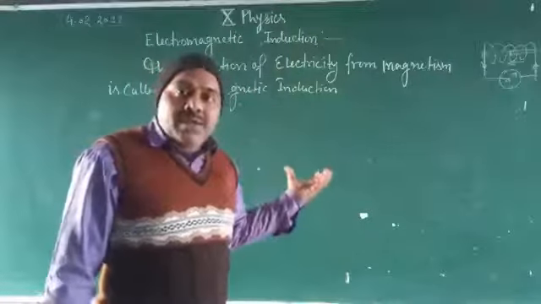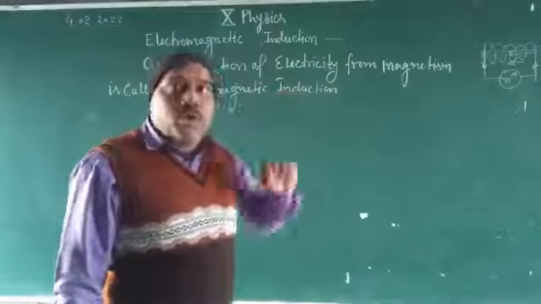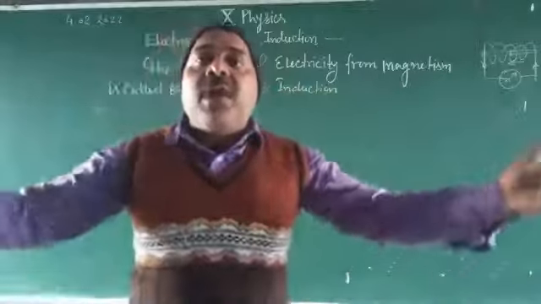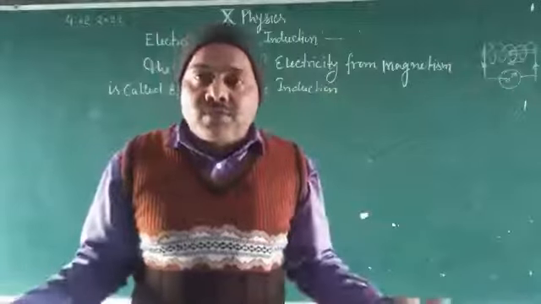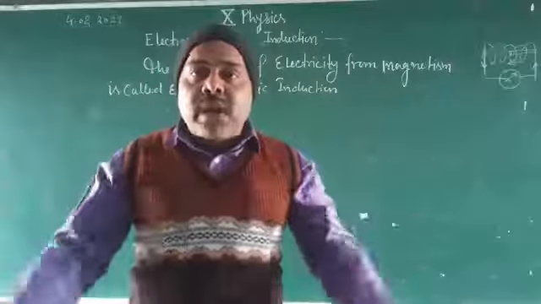So what is this phenomenon? In it, induced current is produced due to the change in the magnetic field lines of force, or the magnetic flux also. You will study magnetic flux in higher classes.